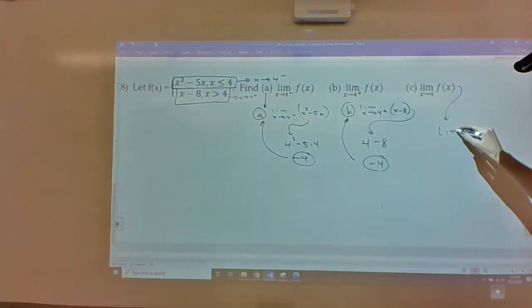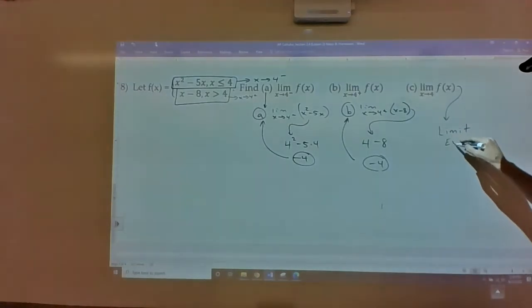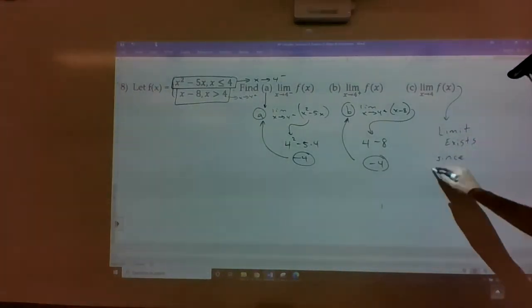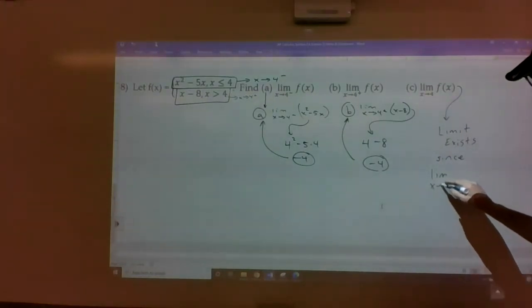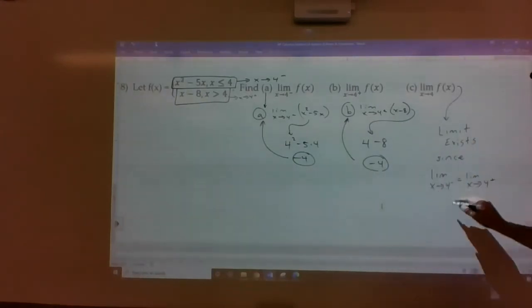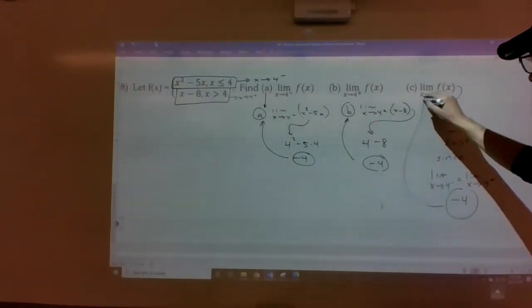So the limit exists since the limit as x approaches 4 from the left equals the limit as x approaches 4 from the right, which is negative 4. And that's what the limit at 4 is.